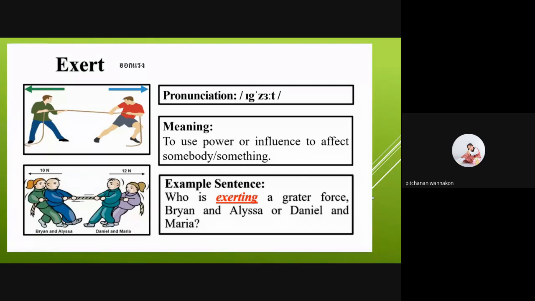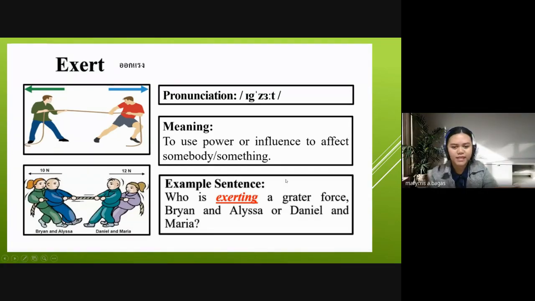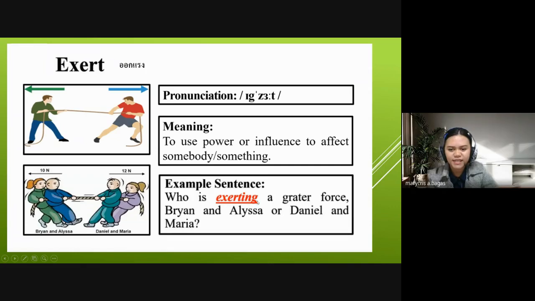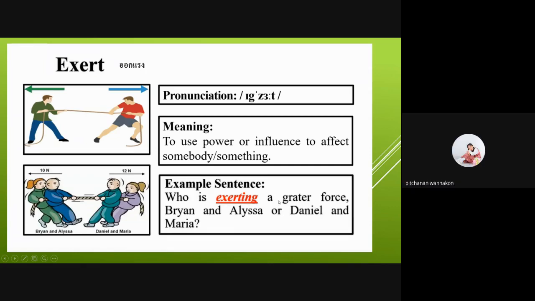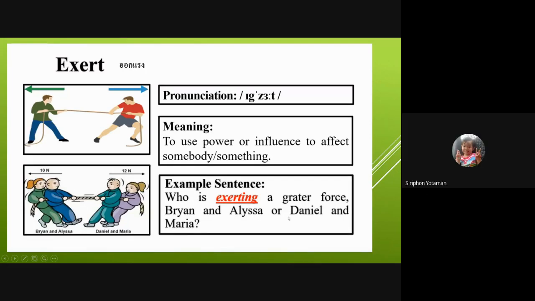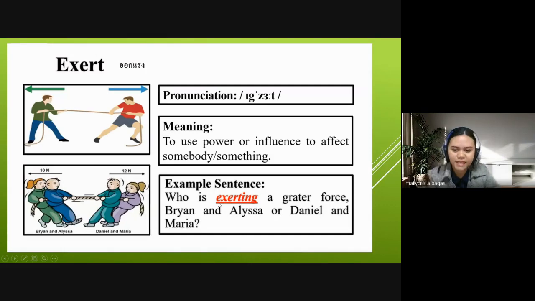Example sentence: Who is exerting a greater force? Brian and Alisa, or Daniel and Maria?